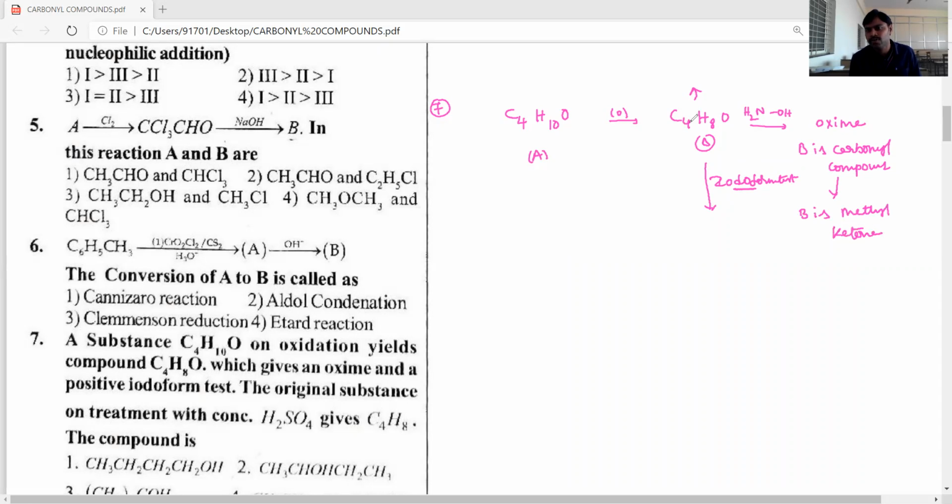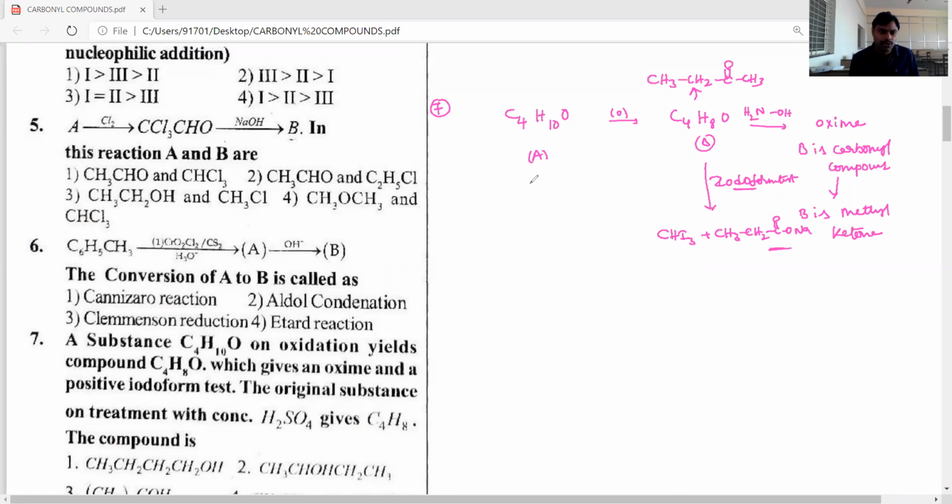Now we will get an idea. A four-carbon methyl ketone means CH3, CH2, C double bond O, CH3. Then only it forms the iodoform test. What are the possible products? CHI3 plus CH3, CH2, C double bond O, Na, a salt will form.